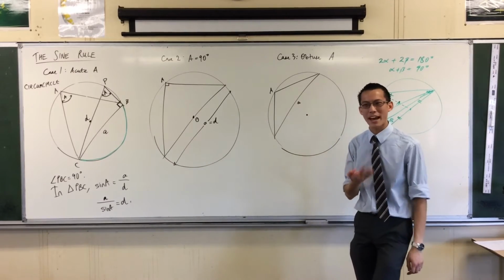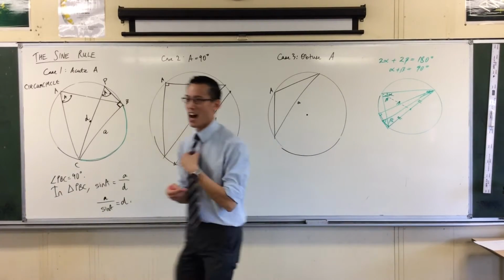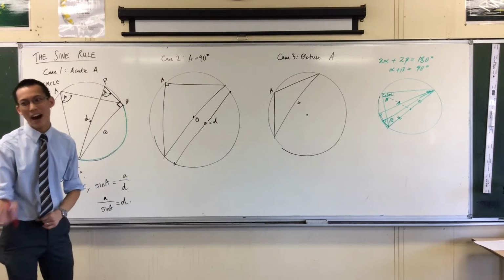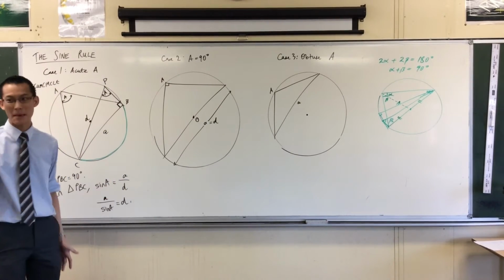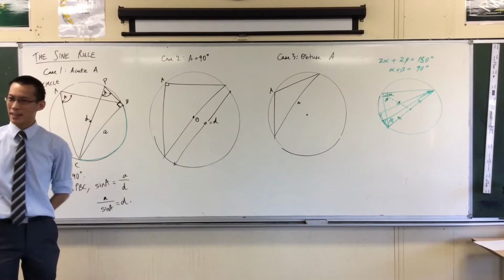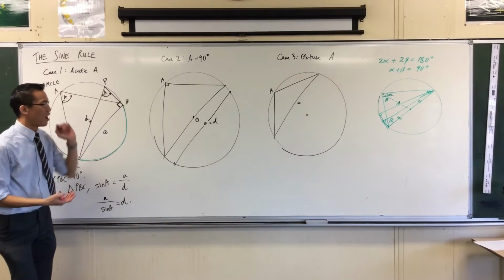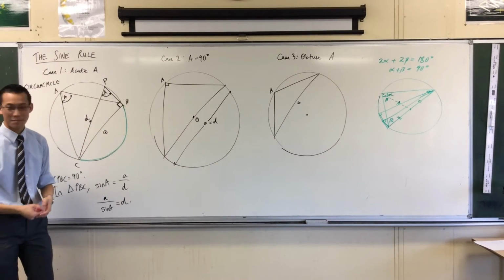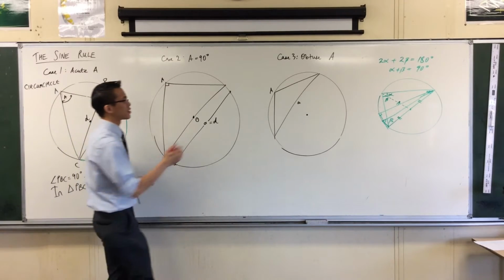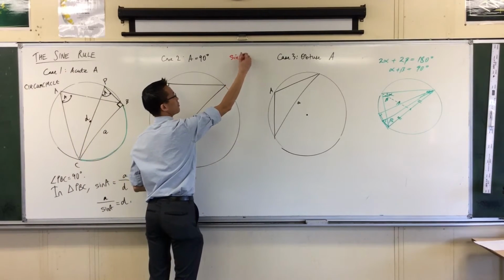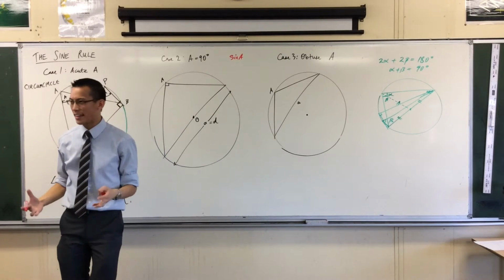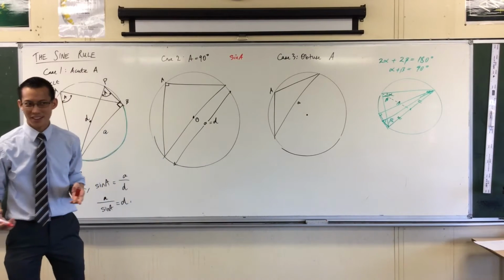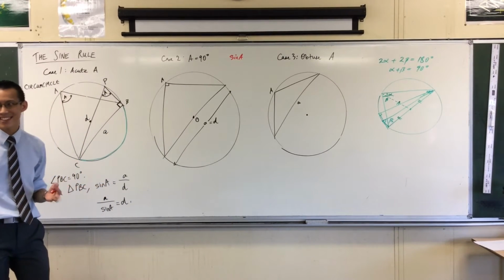So here's what I've had suggested to me. Admittedly, it's not that far from the truth, but I'll show you why this method doesn't work. Look, it's a right angle triangle. So if I want sine A, well, sine is opposite on hypotenuse, isn't it?